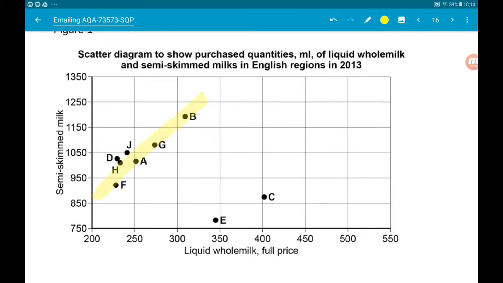Now there are these 2 points over here which look like potential outliers because they don't fit the trend of the other regions.